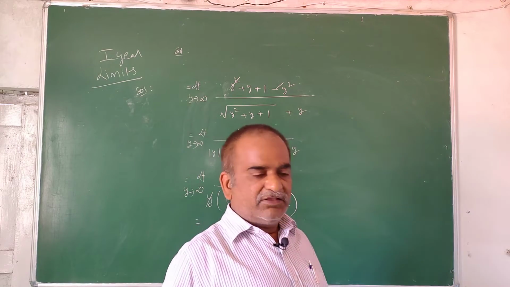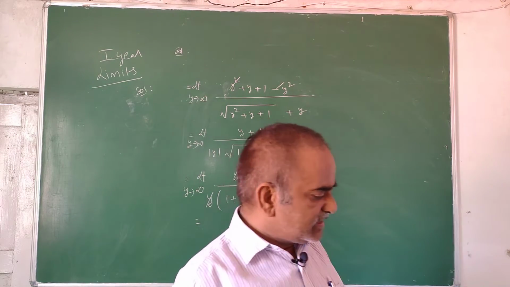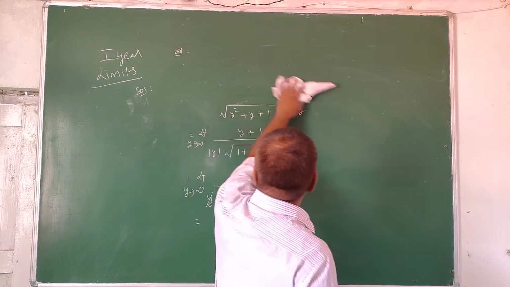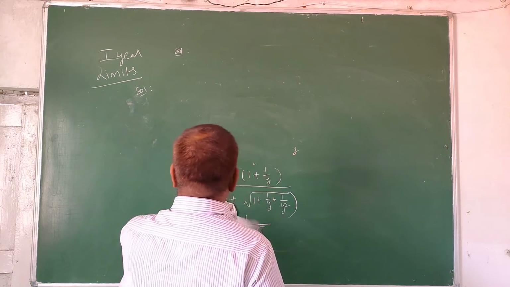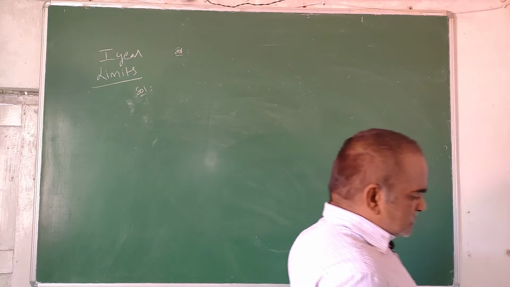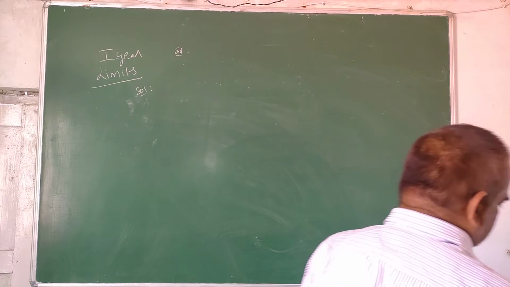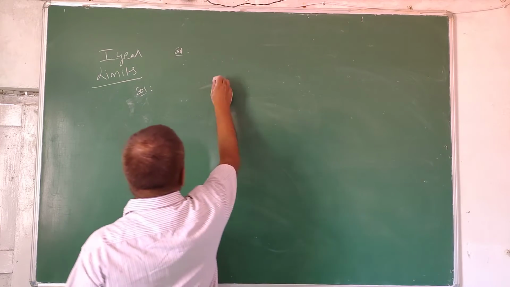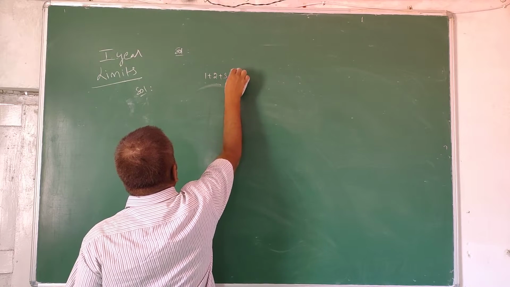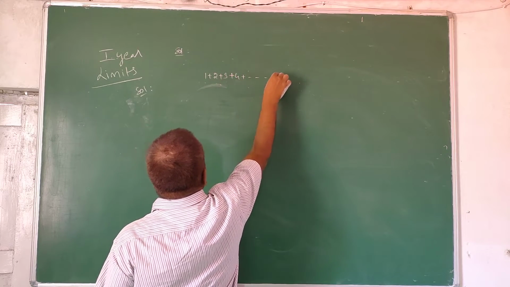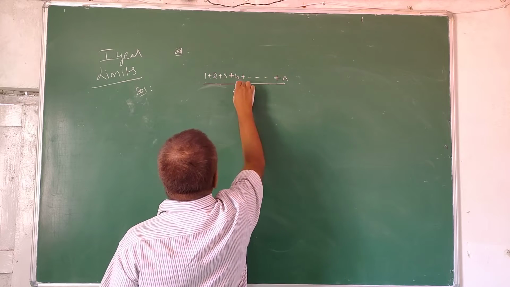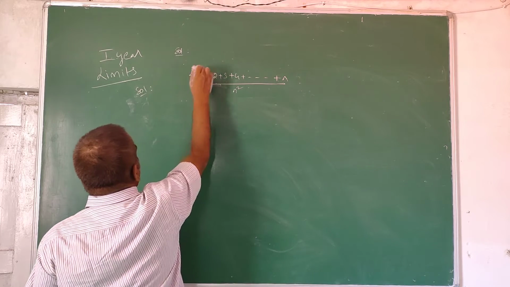Like this, you can go ahead. So if you go to another interesting problem: evaluate the limit of (1 plus 2 plus 3 plus 4 plus so on plus n) by n square as n tends to infinity.